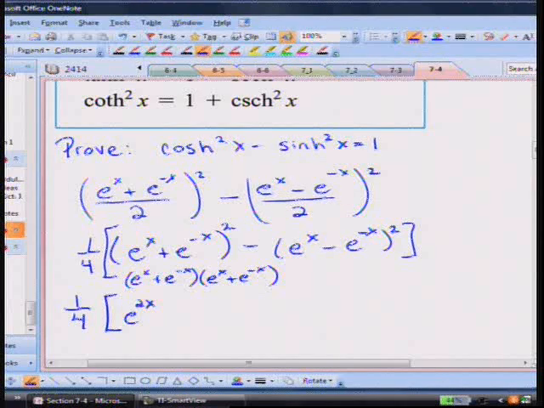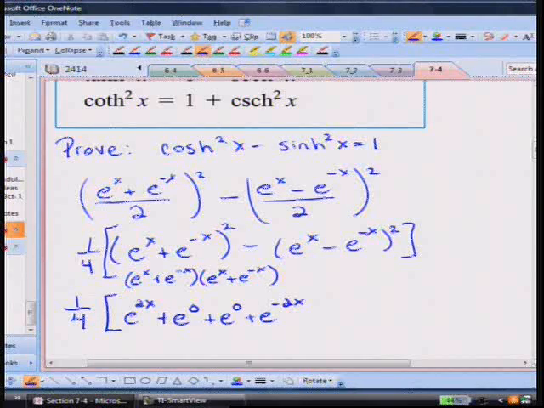And then e to the x times e to the negative x, bases are the same, you add the exponents, so that's going to be e to the 0. E to the negative x times e to the x, again, add the exponents, so that's going to be e to the 0. And then e to the negative x times e to the negative x is going to be e to the negative 2x.